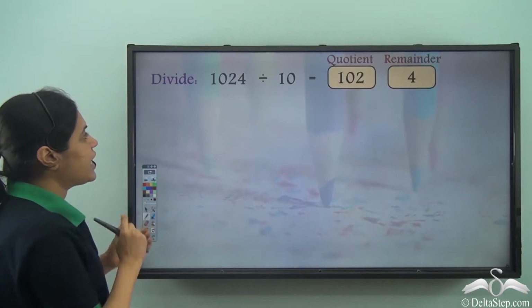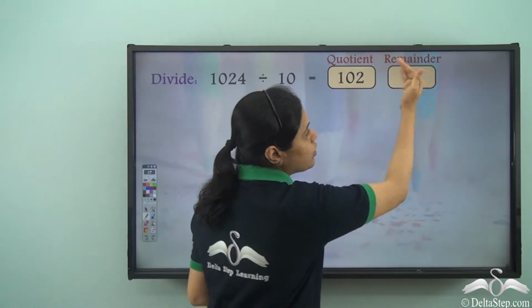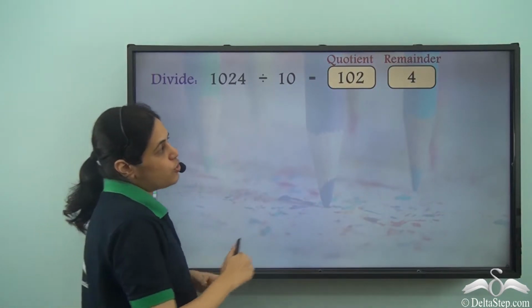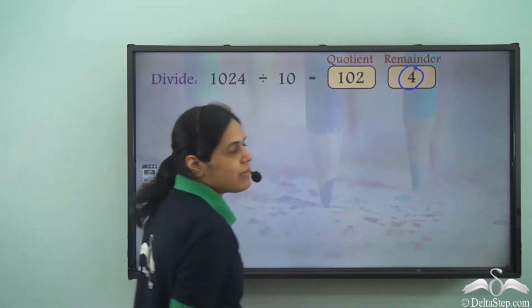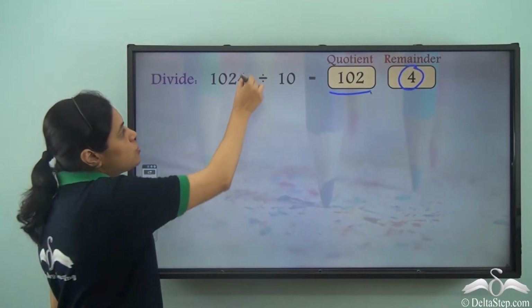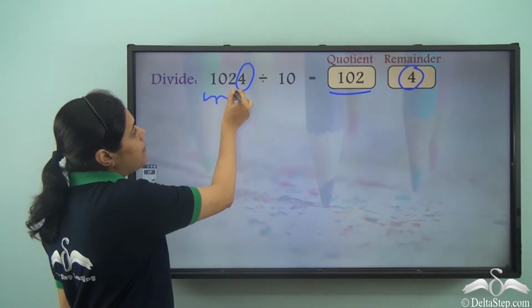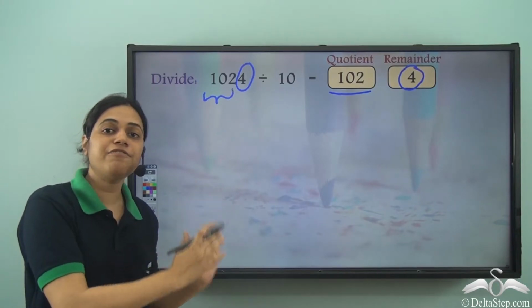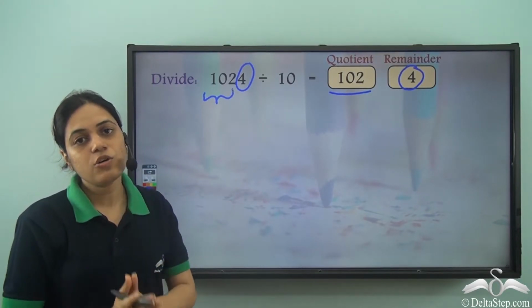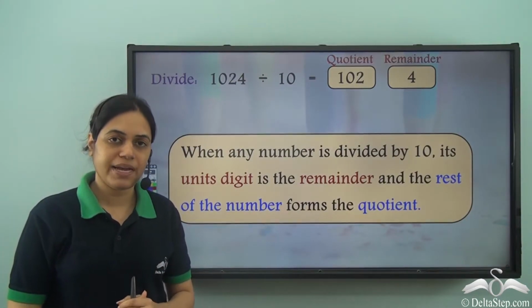If I break 1024 and take out the units digit, the units digit is the remainder and the rest of the number is the quotient. So the units digit is the remainder and the remaining part of the number to the left of the units digit is the quotient. This is true for any division by 10.